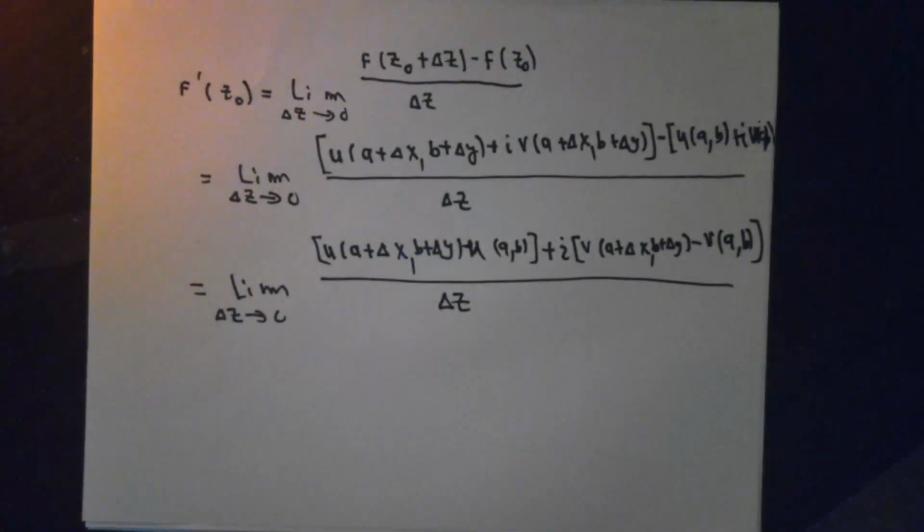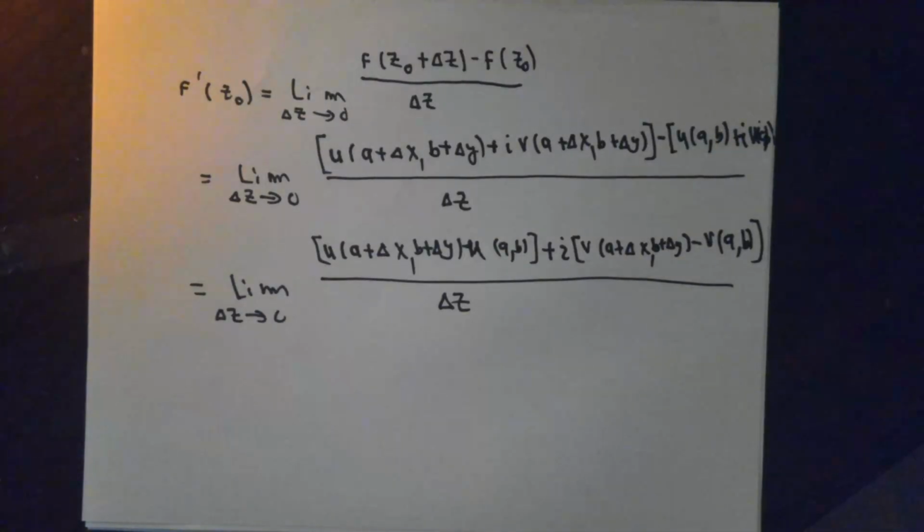I'll think of f of z as having a real and imaginary part. F of z is u of z plus iv of z. Z is x plus iy. I'll think of that as being just a pair of numbers so that I can represent this in some sort of format that's a little bit more familiar looking.